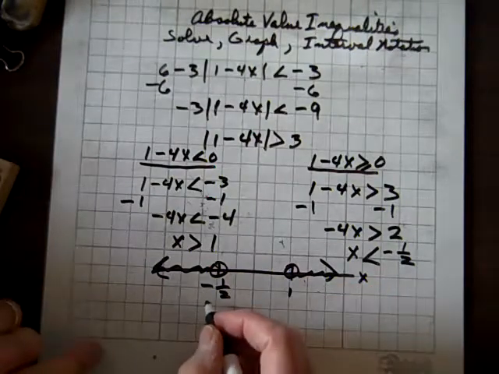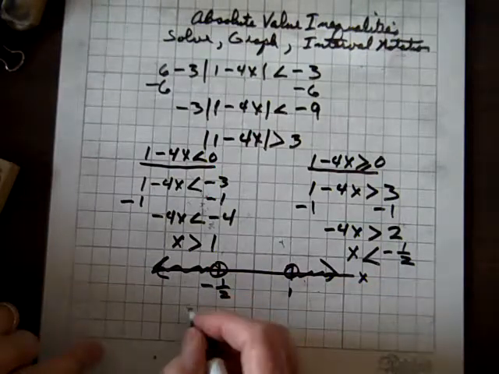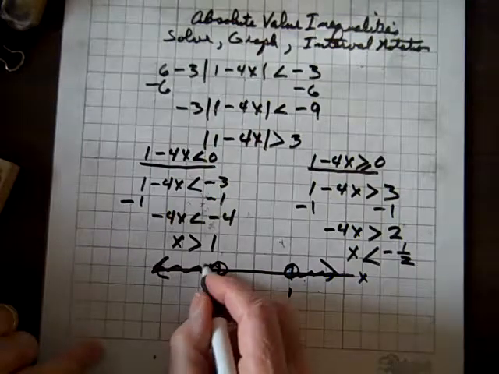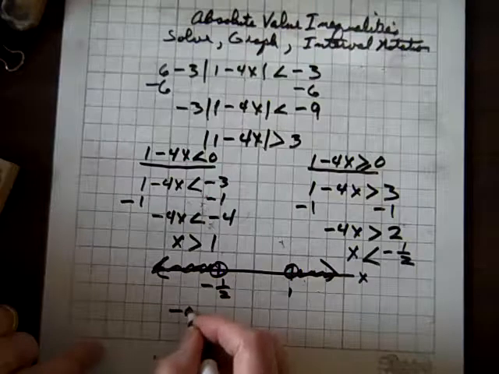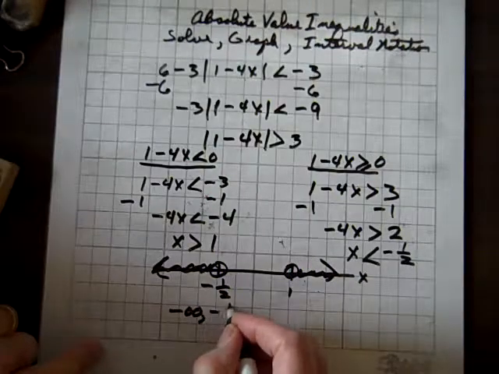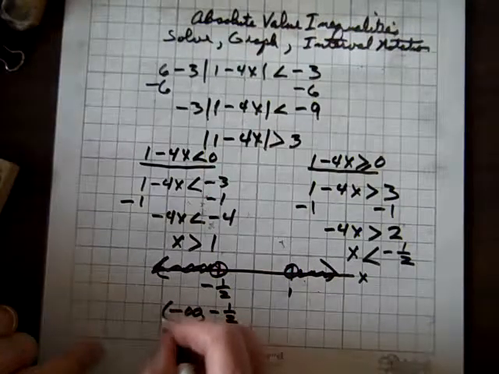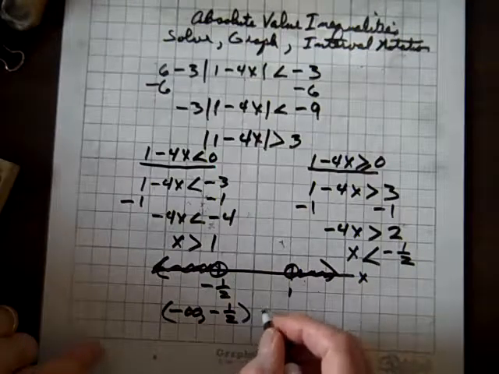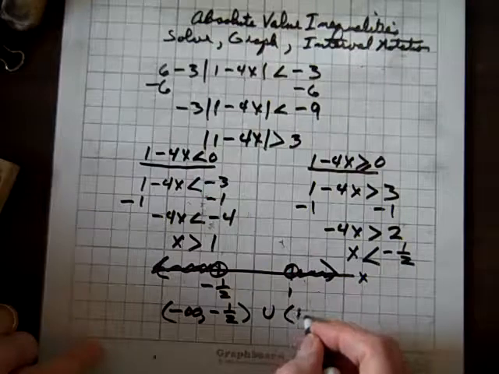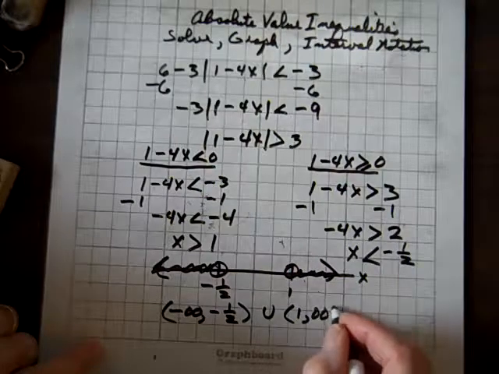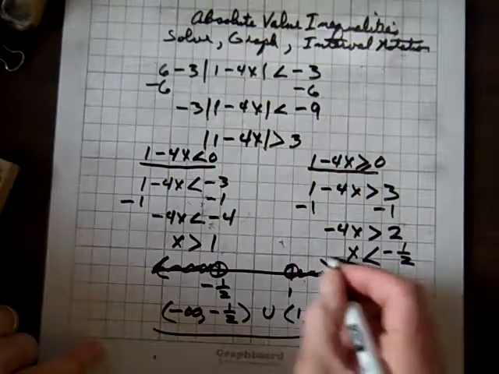And so in interval notation, we have negative infinity to negative 1/2, and that's parentheses in each case, union with 1 to infinity, and we have it.